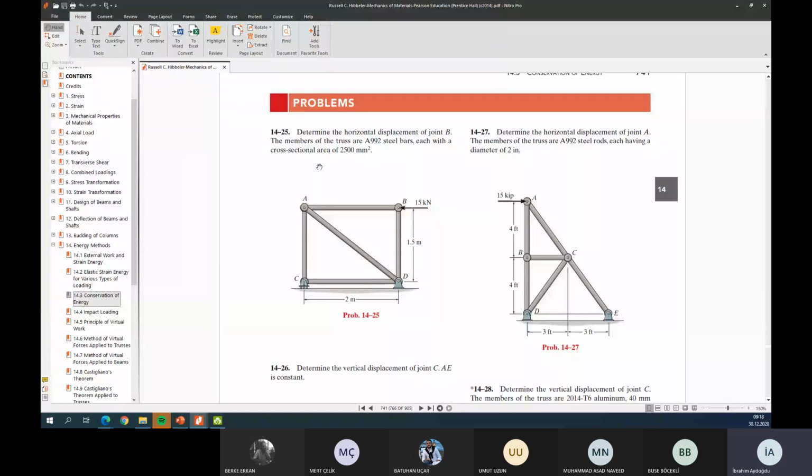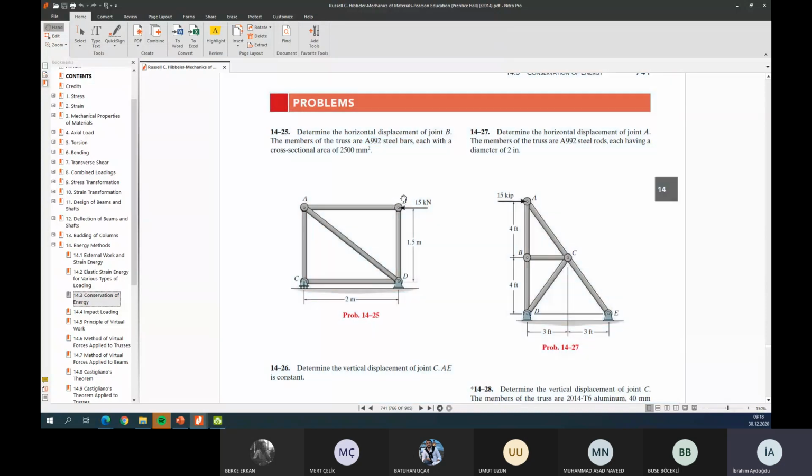Okay, first of all, I want to read the question. I think you can read the question too. Determine the horizontal displacement on point B. Okay, the question is this. And also material property is given: A992 steel bars. That means the modulus of elasticity is equal to 200 gigapascal.